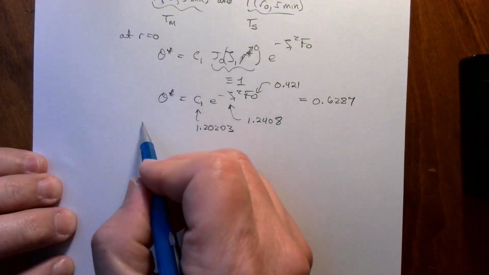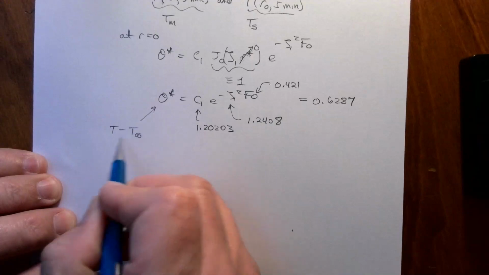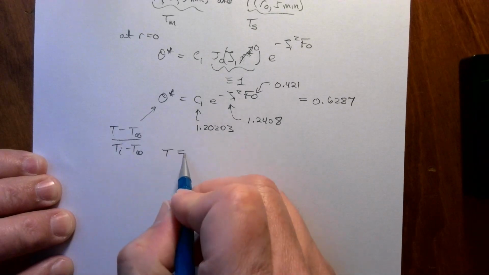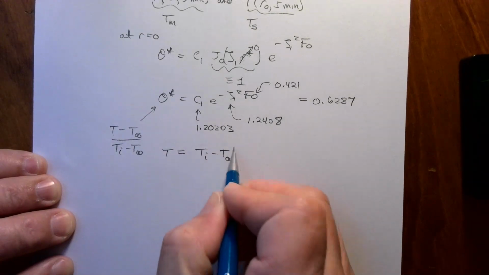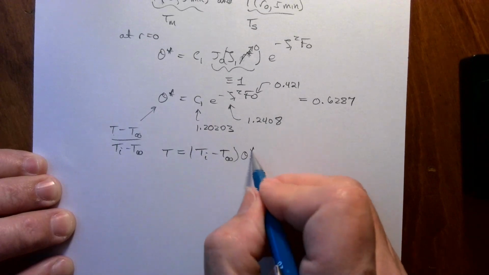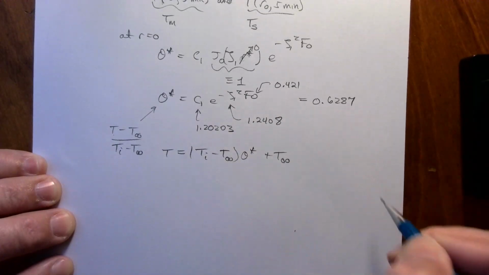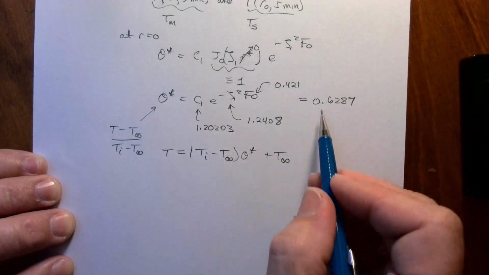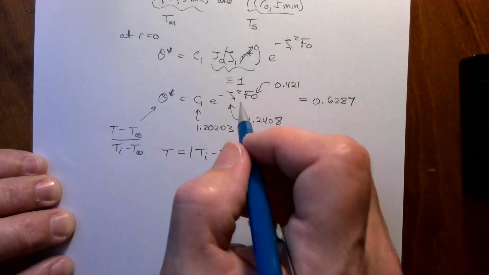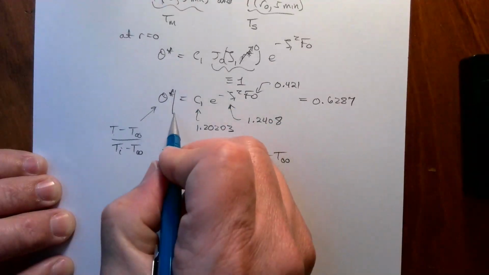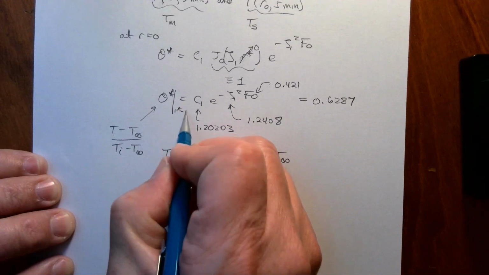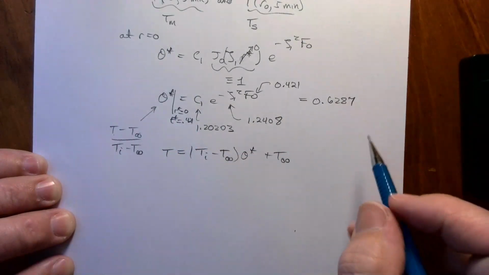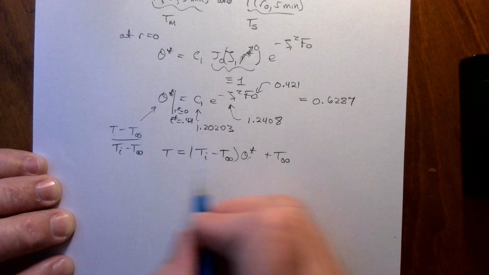Ultimately, what we want is the temperature. That's T minus T ambient over Ti minus T ambient. So solve this for T. T is equal to Ti minus T ambient times theta star plus T ambient. So if I take this number for theta star, which is actually theta star at r star equal to 0 and t star equal to 0.421, that goes here.